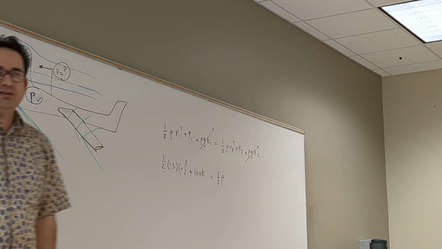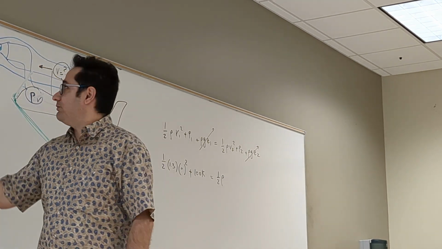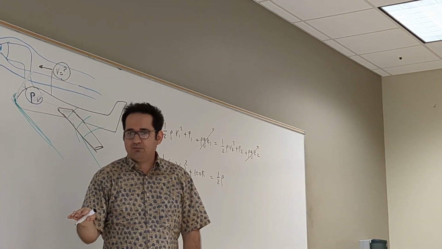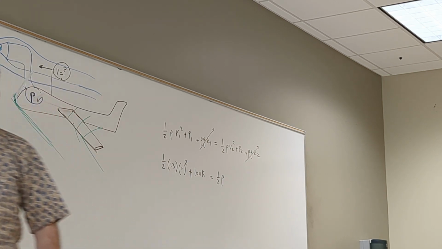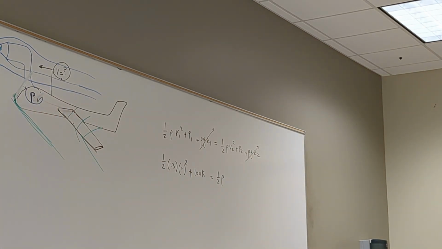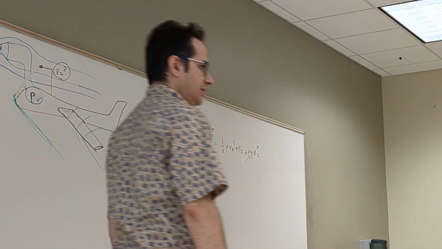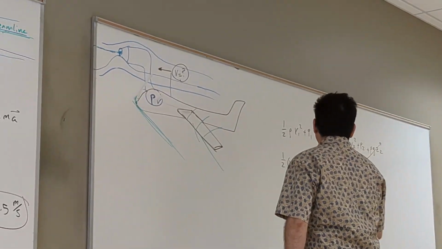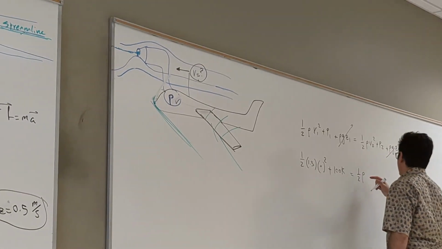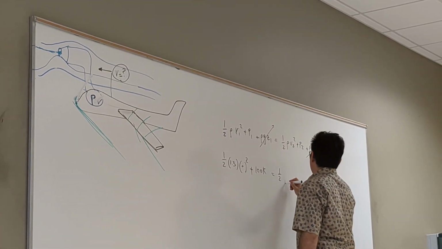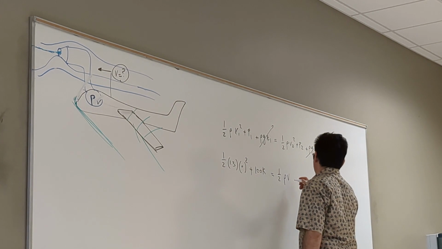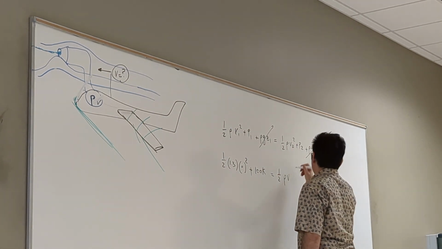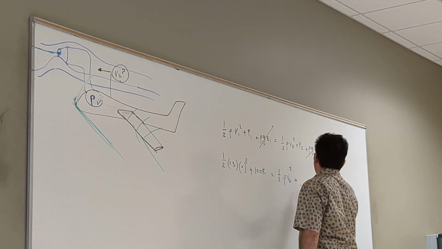The equation is still valid because we assume that at that particular position, the aircraft is moving with constant velocity, not accelerating. If it is accelerating, the equations of Newton's law in the coordinate system attached to the aircraft are not valid. You have to include inertia here. Right? So, here, 1/2 rho V2 squared plus P2.